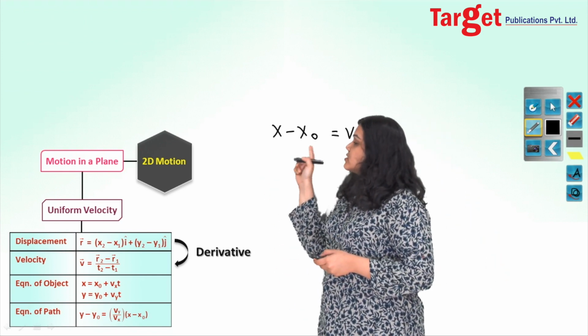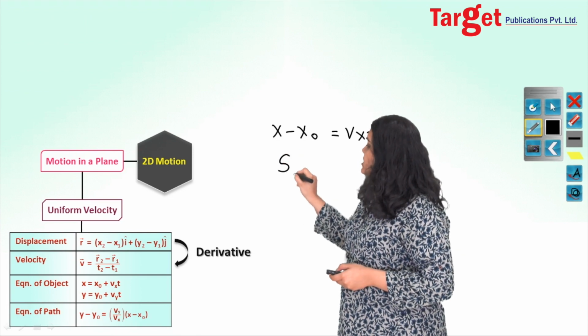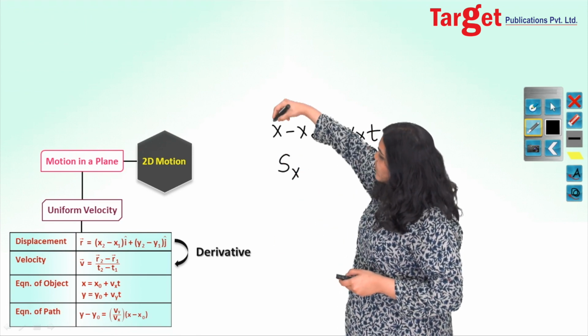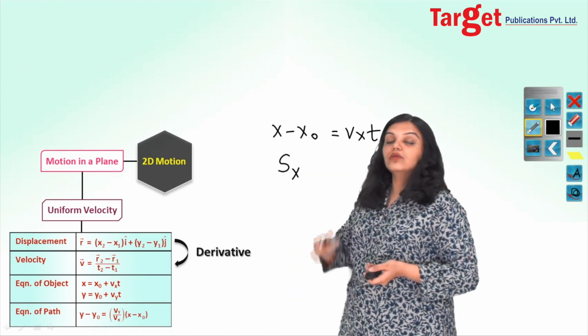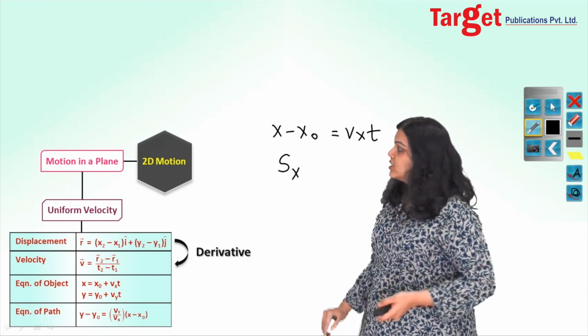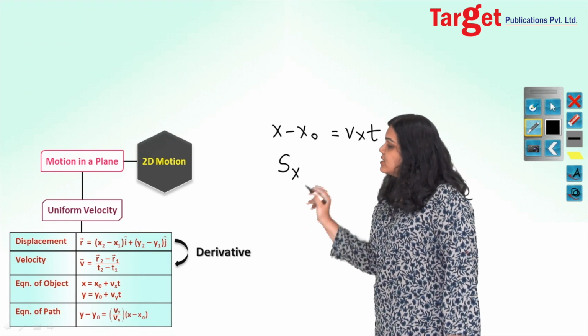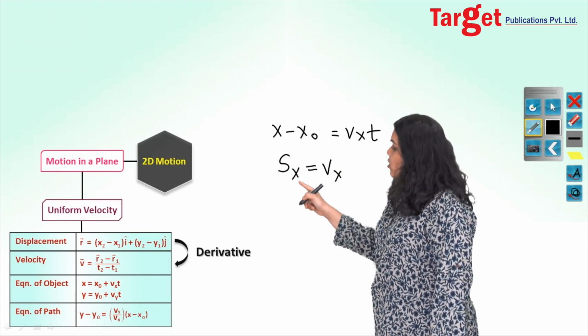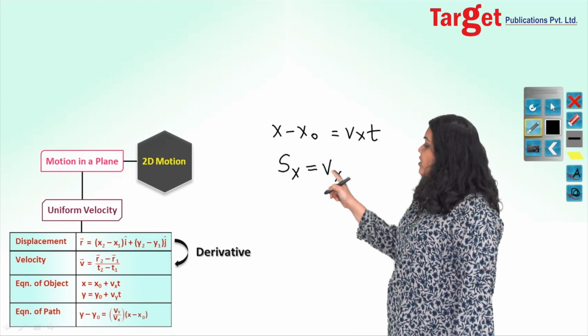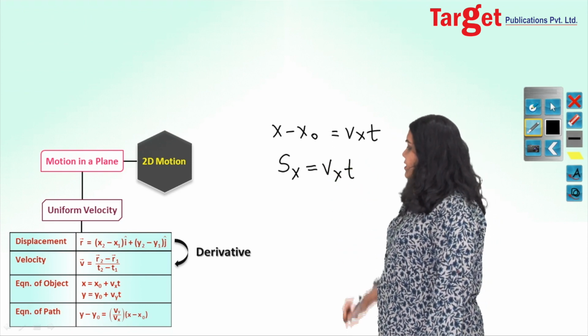And x minus x naught is nothing but the displacement in the x direction. This is the final position of the object in the x direction, and this is the initial position of the object in the x direction. So this equation says the displacement along the x direction is equal to velocity in the x direction multiplied by the time.